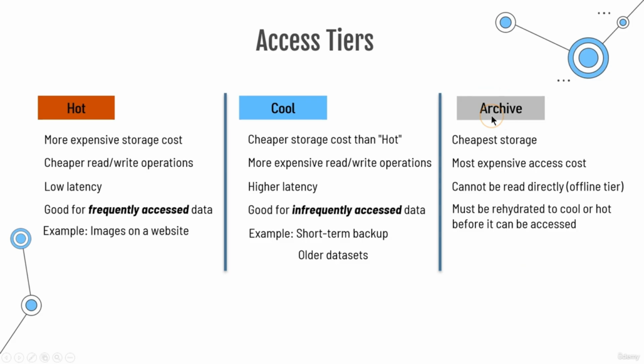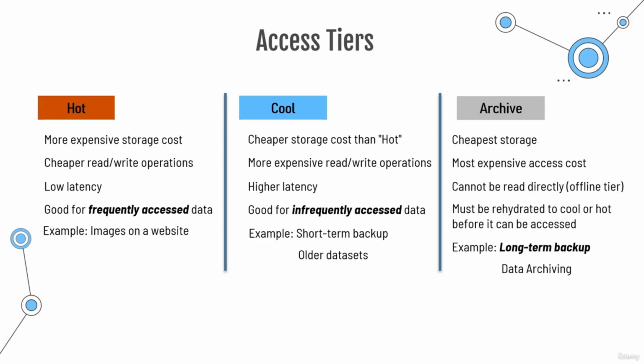This is an offline tier and we cannot directly access it. So this takes a few hours up to even a day before this can be accessed again. And therefore this is suitable only for long-term backups or some kind of data archiving. Maybe there are some regulations that data needs to be archived and kept for a long period. In this case, we can use this archive offline tier.